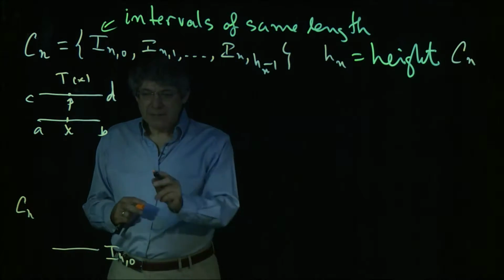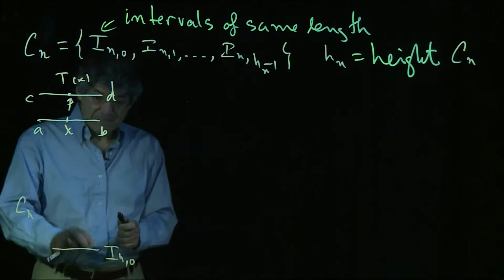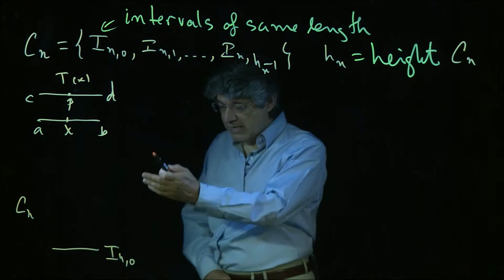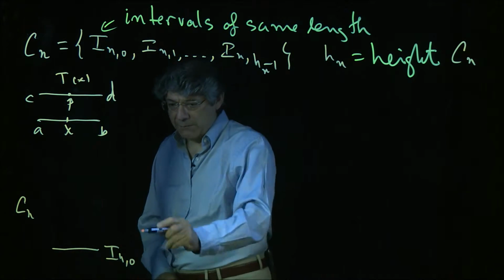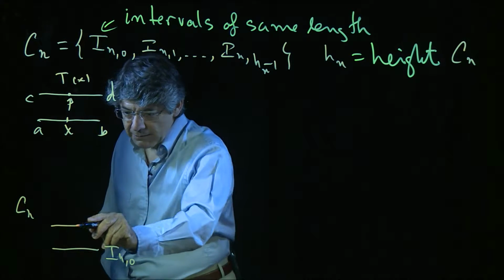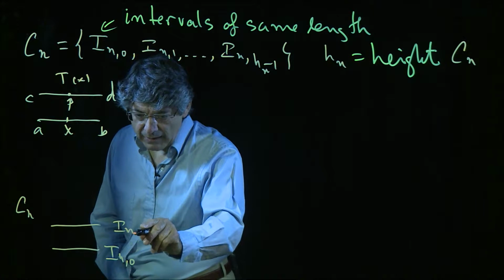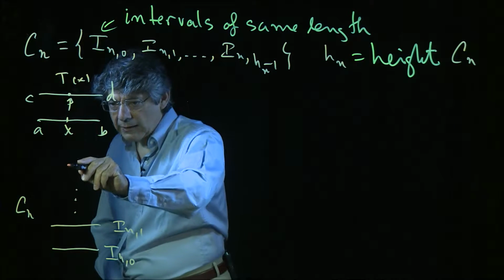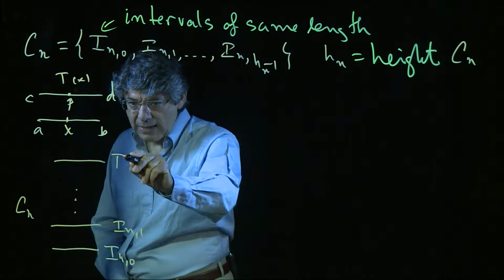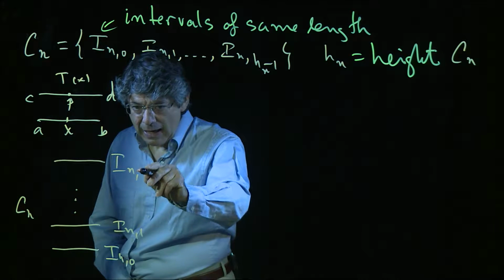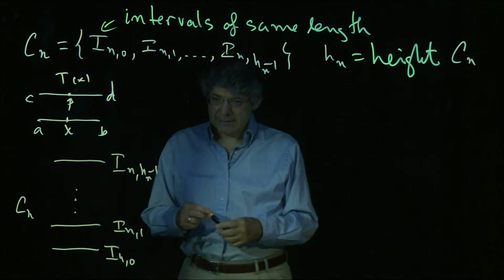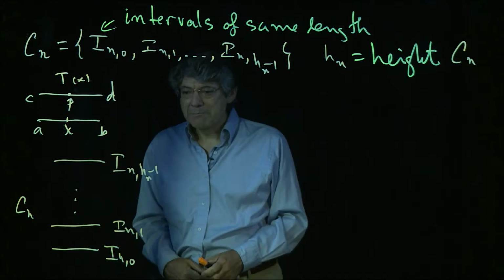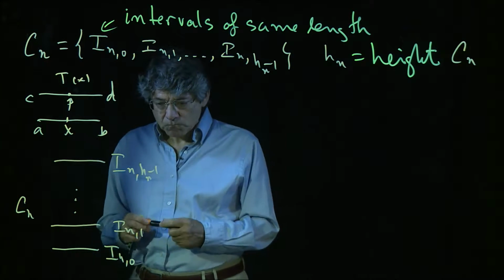The first subscript refers to the fact that this depends on the column Cn, and 0 refers to the 0th level. Then there is the next level here, I sub n1, up to the last level, which is I sub n, h sub n minus 1, because this has h sub n many levels.